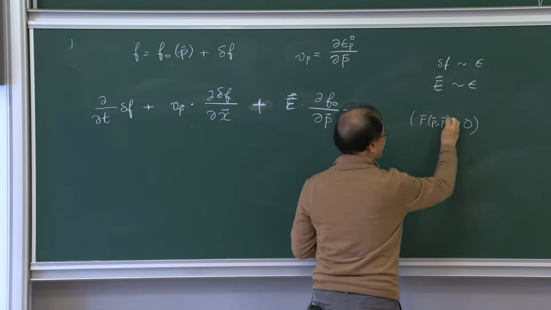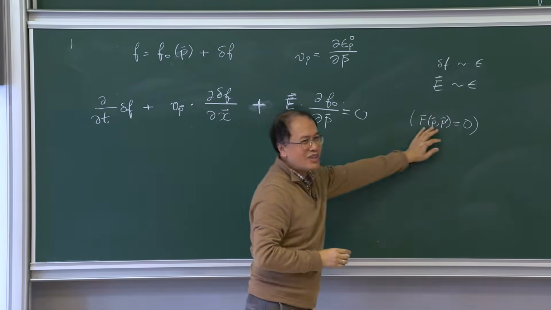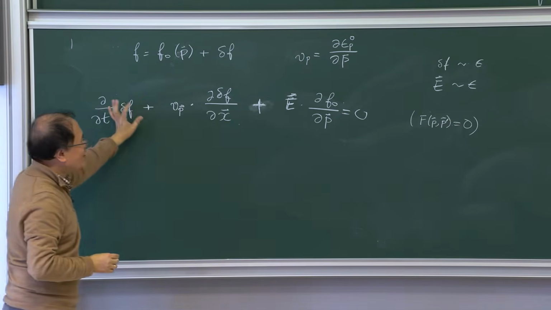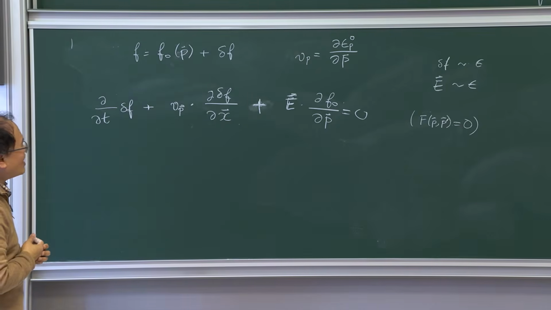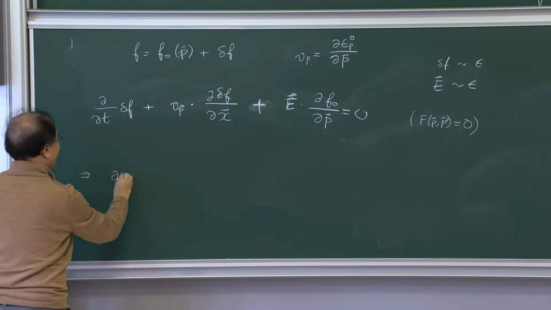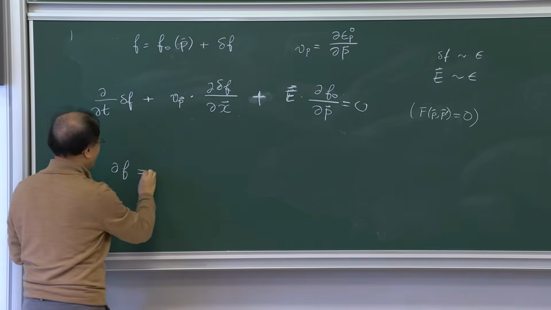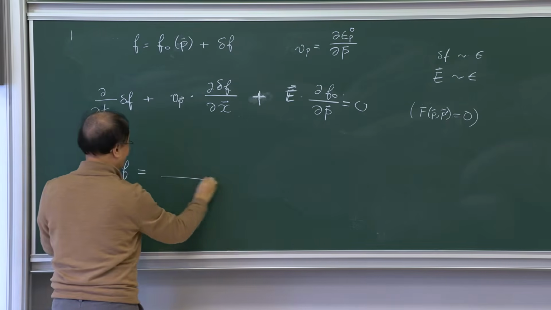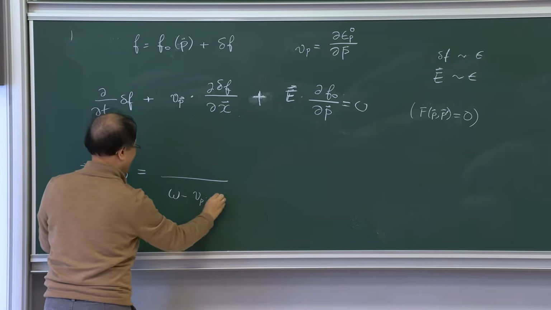So let's first do the calculation in the absence of interaction between quasi-particles. This would be the calculation of a free Fermi gas. From that, I compute this delta f. It's better to do it in momentum space. So delta f in momentum space is something like omega minus v of p times q.